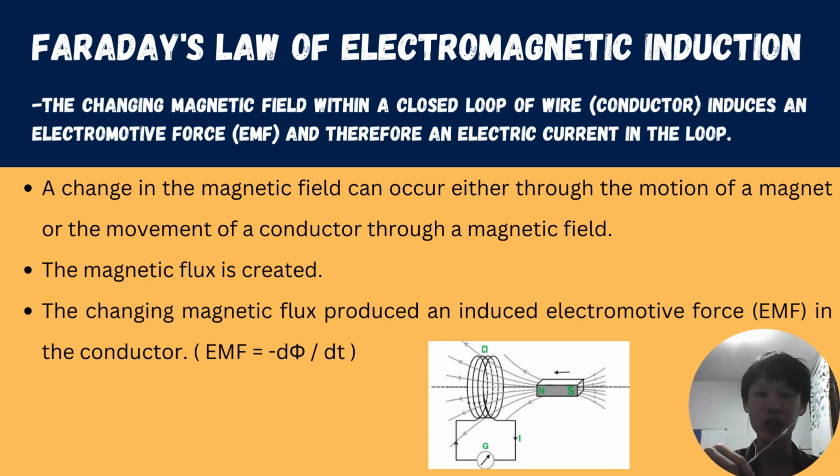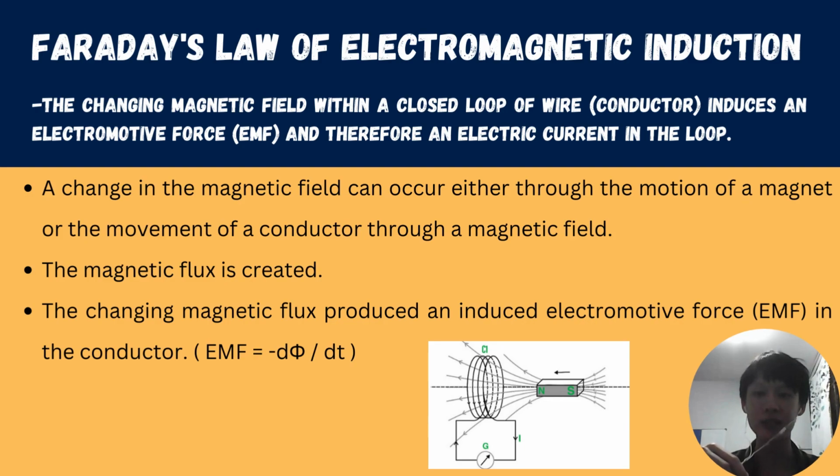This change can occur either through the motion of a magnet or the movement of a conductor through a magnetic field. Next, the magnetic field passing through a conductor will create a magnetic flux. When there is a change in the magnetic flux, it will produce an induced electromotive force in the conductor.